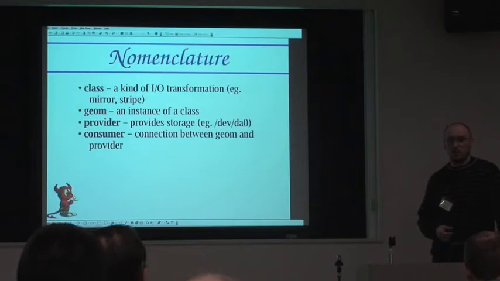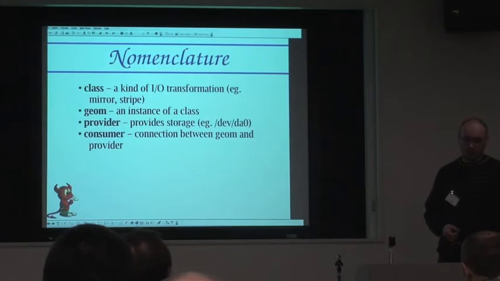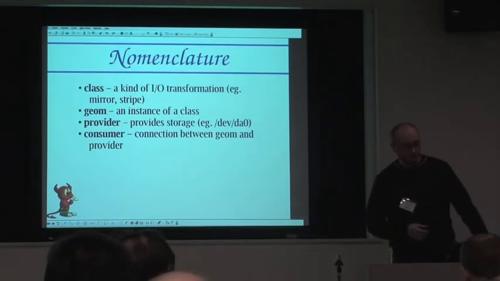This is what we can open, read data from, and write data to. Okay, and we have consumers. A consumer is only a connection between a geom from another class or from the same class to some provider from another class. So it's only a connection. It's nothing that appears in DEVFS.